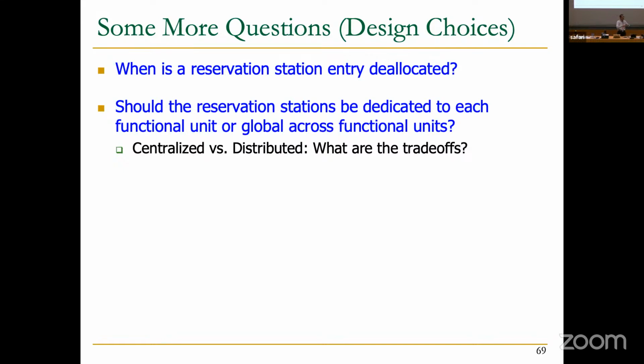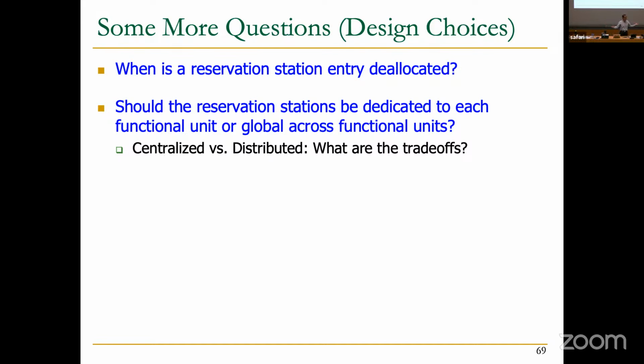If it's centralized, it's a huge buffer. Everybody goes through it. The dynamic utilization of the buffer may be good. But if it's distributed, each of them is a smaller buffer. So actually the latencies may be easier to handle. Energy may be lower. And also you can specialize the buffer to the functional units. For example, load instructions require addresses.